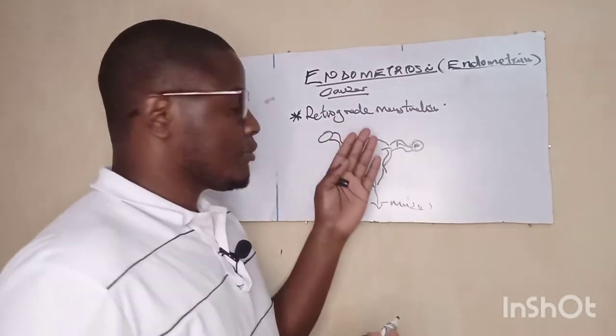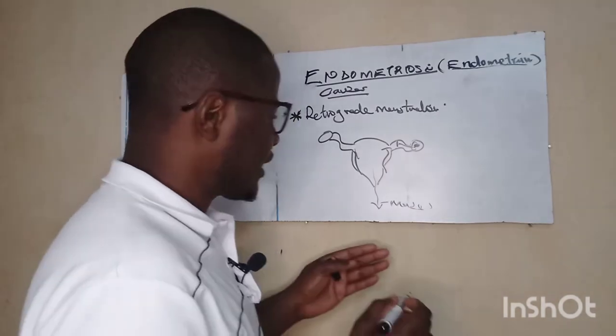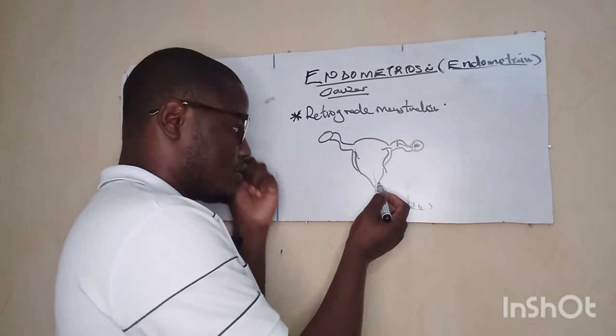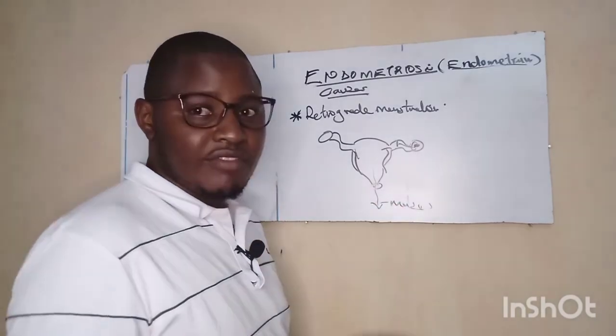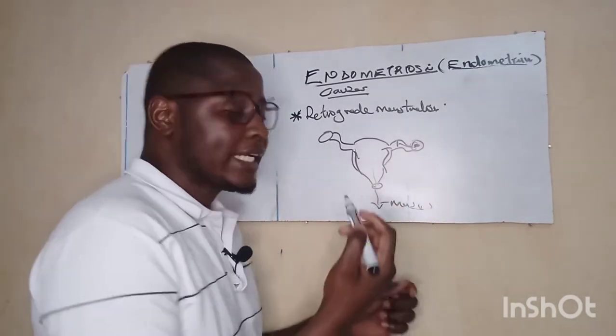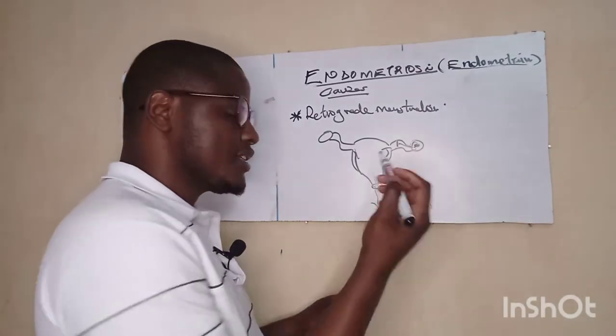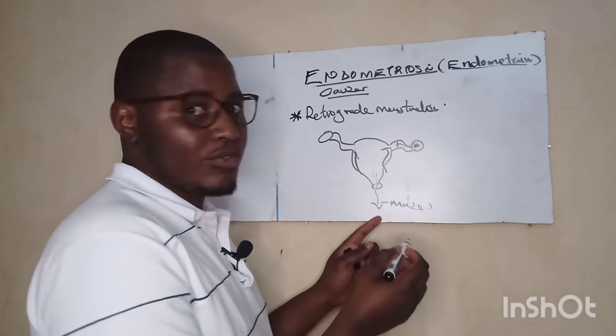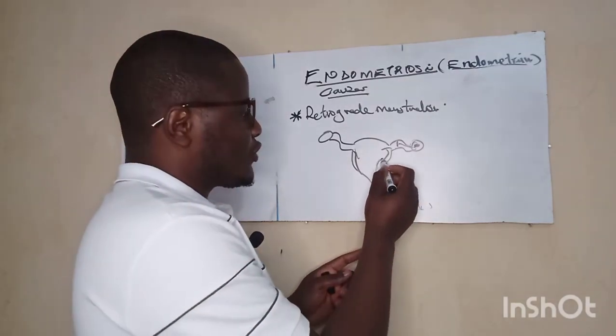Now, with retrograde menstruation, normally the menses are supposed to move out through the cervix and into the vagina. But in retrograde menstruation, instead of the menses moving out through the cervix downwards, the menstruation flows back.